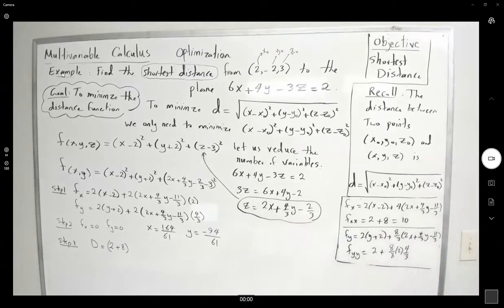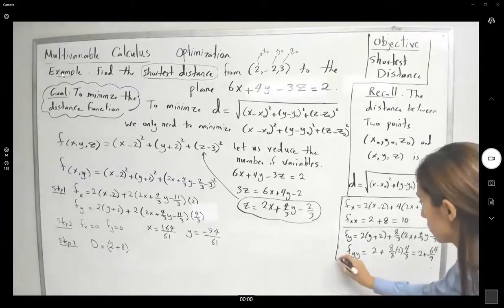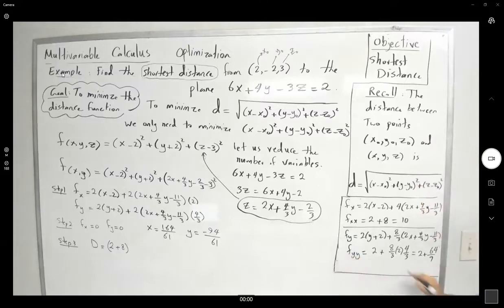So we're going to have 2 plus 32 over 9. And here we get 18 plus 64 over 9, 82 over 9. Here we go.